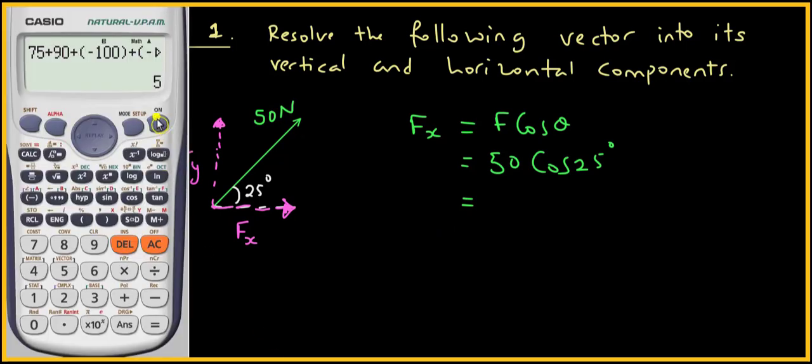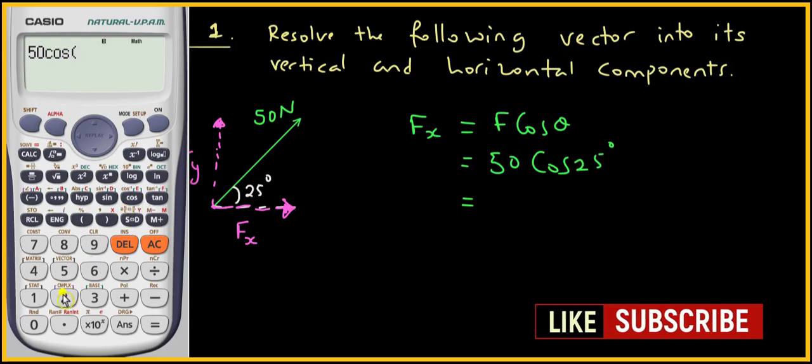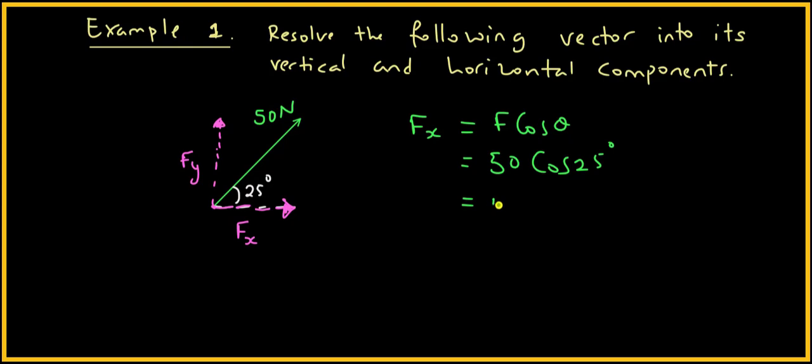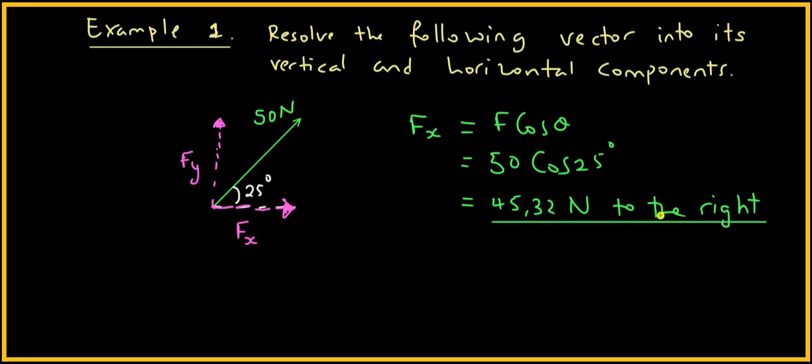I take out my calculator and do the math. 50 cos 25, that's 45.32 newtons. And this component is pointing to the right. Remember, these are vectors that you're dealing with. You have to give the direction. All right, so that's my Fx.